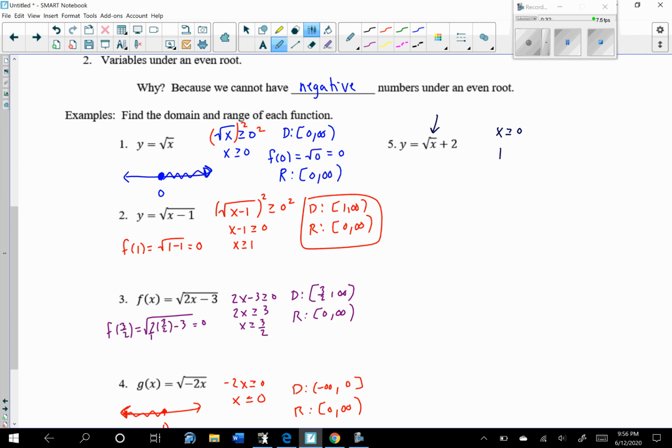So that means the domain is bracket 0 to infinity. And then the range, we do use that too. So f of 0 equals the square root of 0 plus 2, which is just 0 plus 2, which is 2. So there's no negative in front of the radical, so that means my range is going to be bracket 2 to infinity.